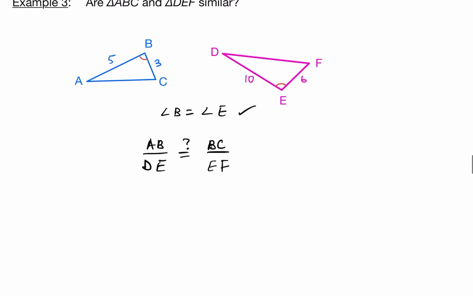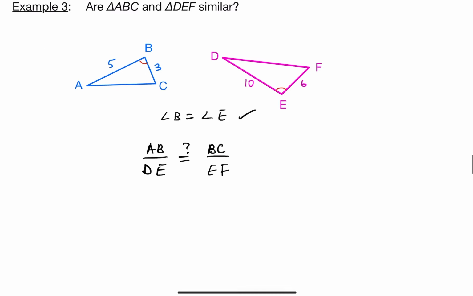And the question is, are those proportional to each other or equal to each other? So let's go ahead and replace the values. AB is 5. So we'd say that that's 5 over DE, which is 10. And is that equal to BC, which is 3, over EF, which is 6?